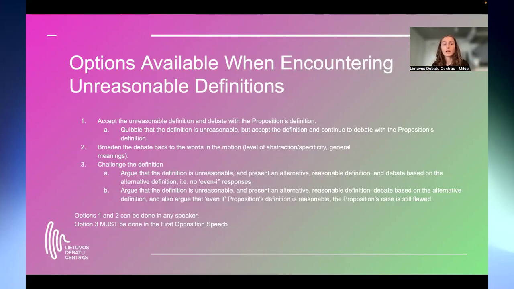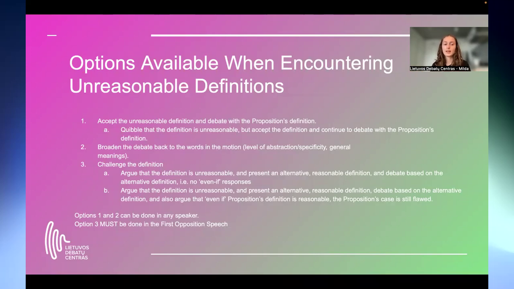So you can, with reasonable rebuttal, then present an alternative reasonable definition, or argue that the definition is unreasonable. And this is some extra skills, basically. But also you can argue that even if prop's definition is reasonable, their case is still flawed.